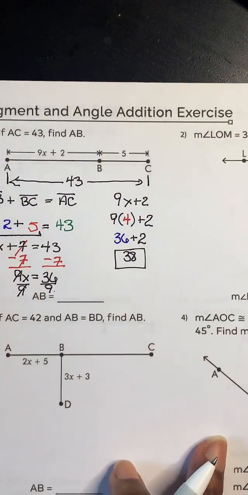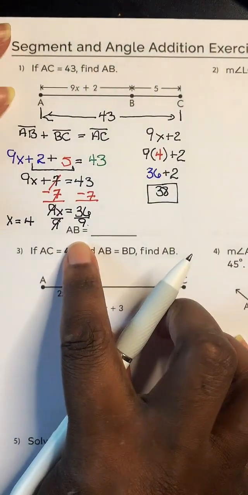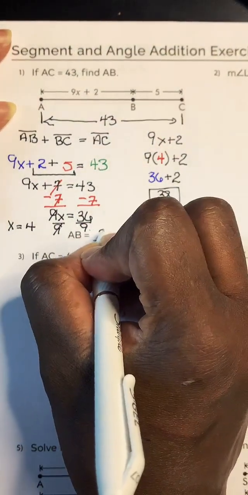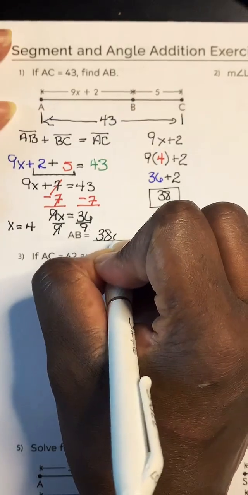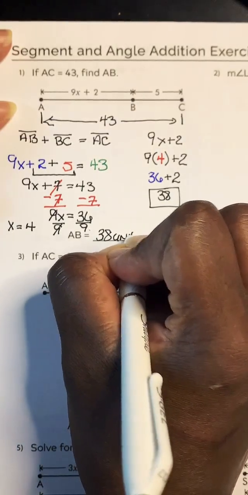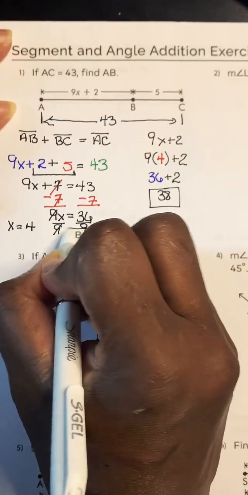Since they want us to know what AB is, we're going to say it's 38 units because they did not give us the type of units that we need.